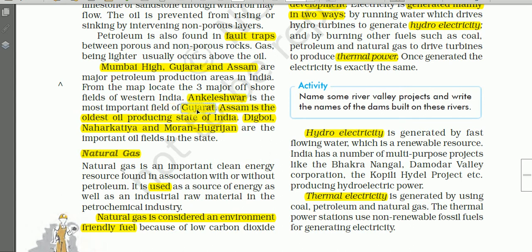Assam is the oldest oil producing state in India, and in Assam, Digboi, Naharkatia and Moran Hugrijan are the important oil fields. So this is about the distribution of petroleum in India.